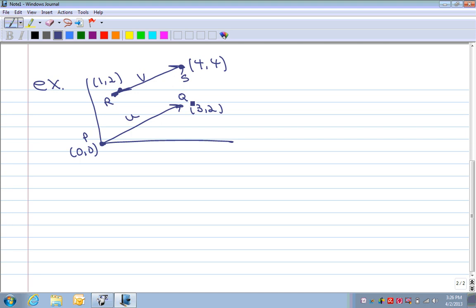All right, let's first find the magnitude, which now you're going to relate the word magnitude to distance or length. Let's first find the magnitude of PQ, which is the lower one.